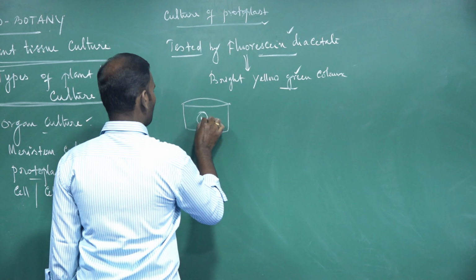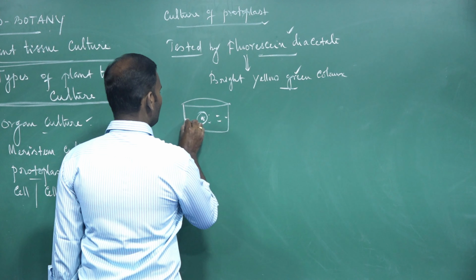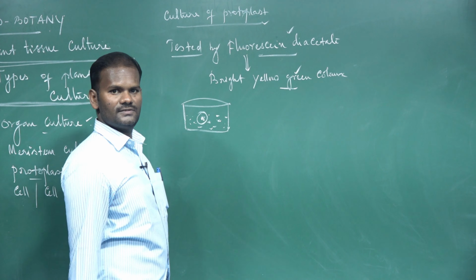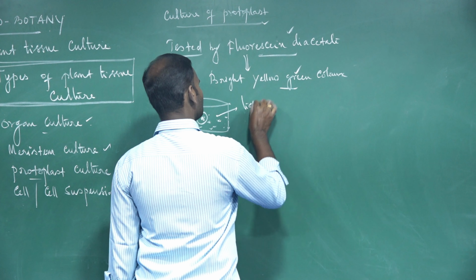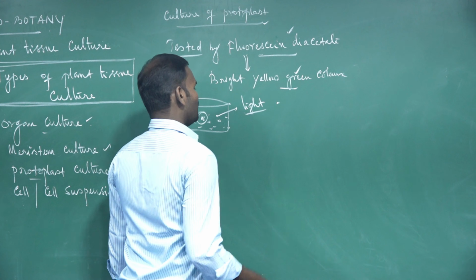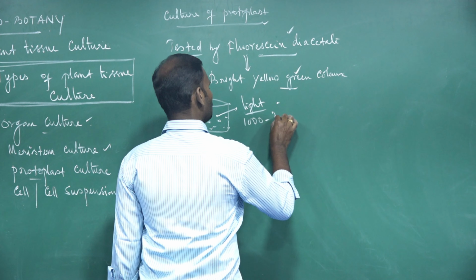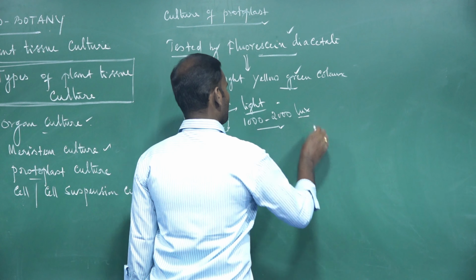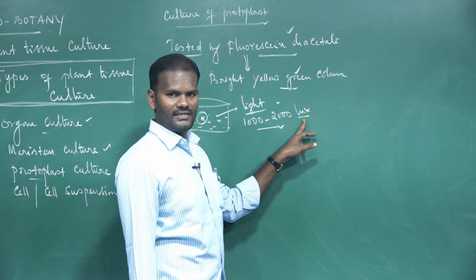The fusion of protoplasts cultured in the culture medium should be incubated with continuous intensity of light, 1000 to 2000 lux. Lux is a unit of intensity of light.